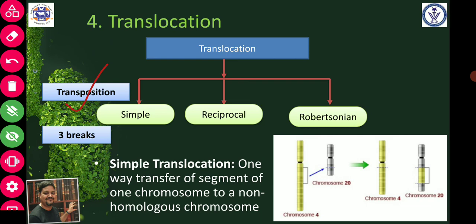Simple translocation is a one-way transfer, you have to remember this, a one-way transfer of a segment of one chromosome to a non-homologous chromosome. Here you can see there will be breakage, and this broken portion will get attached to the non-homologous chromosome. So this is leading to the simple translocation.